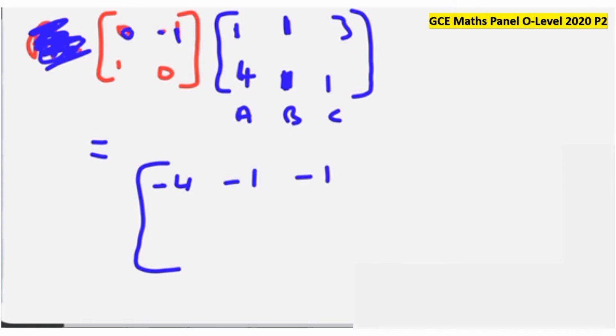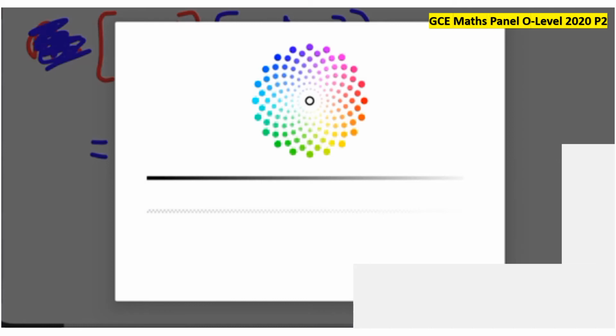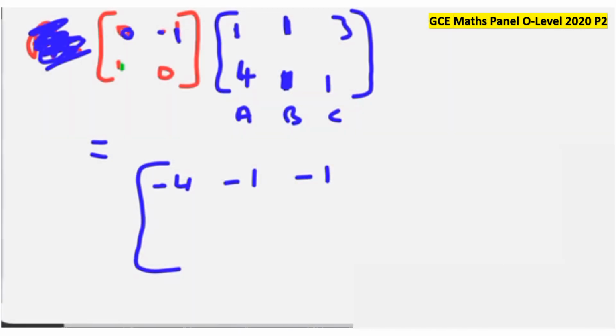Then we move to the second row, times each of those columns. So we have 1 and 0. So 1 0 times 1 4 gives us 1. 1 0 times 1 1 gives us 1, and 1 0 times 3 1 gives us 3.